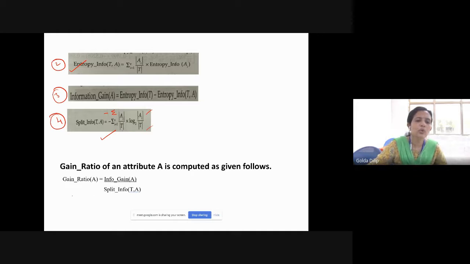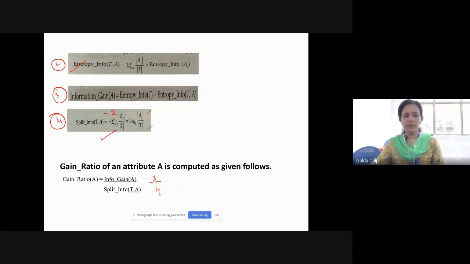Then finally, you compute the gain ratio. Gain ratio of attribute A is equal to information gain of A, so equation 3 divided by equation 4 will give you the gain ratio.